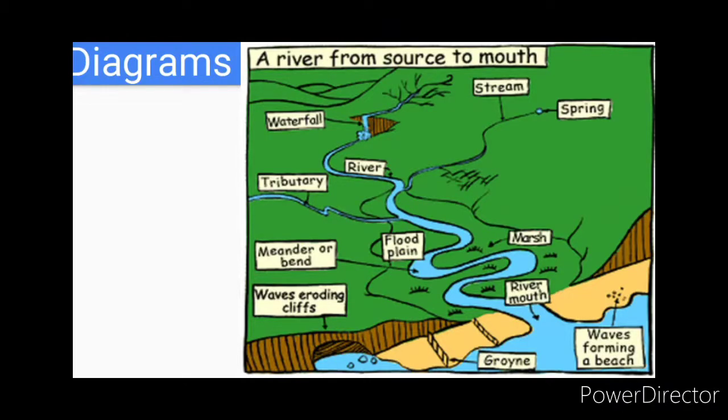Okay, then we have diagrams. So diagrams will give you a brief about that information. It shows different physical features. Okay, so here for example, this particular diagram shows you so many different things. It shows you a river, then it also shows you a waterfall.